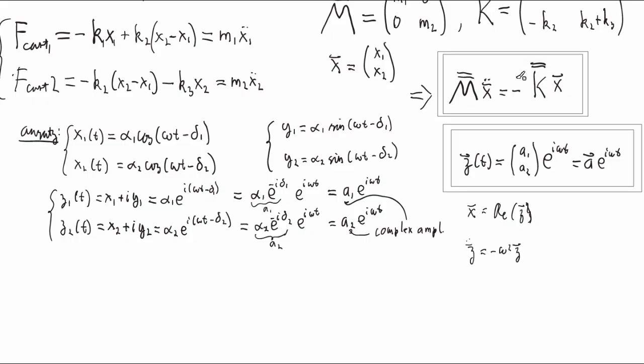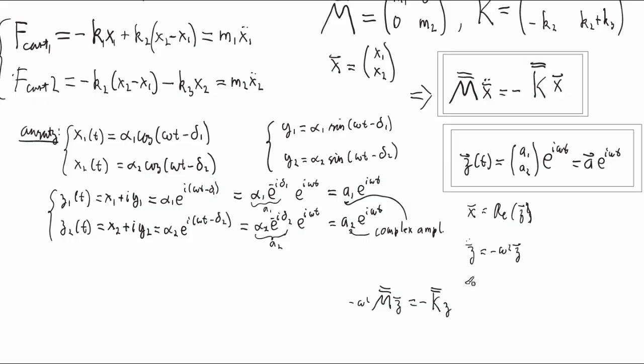So if we plug that into this equation, we will get matrix M times z double dot, but that's the same as z times minus omega squared, and this needs to be equal to minus matrix K times z.